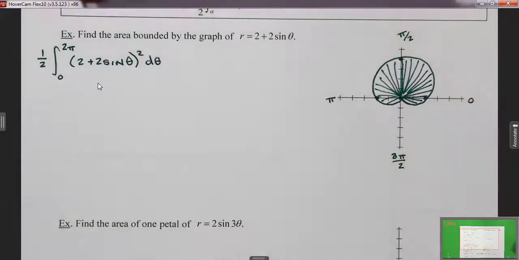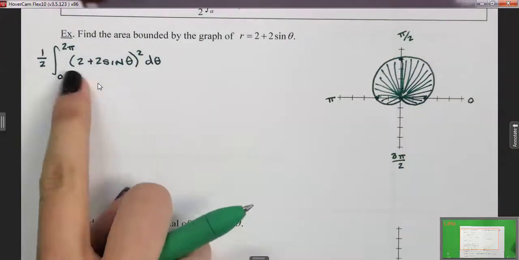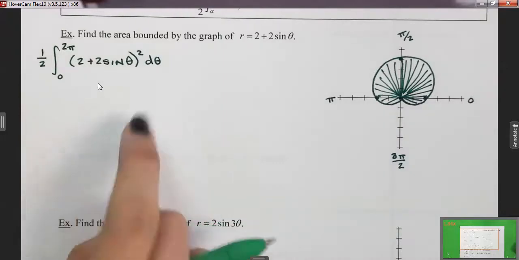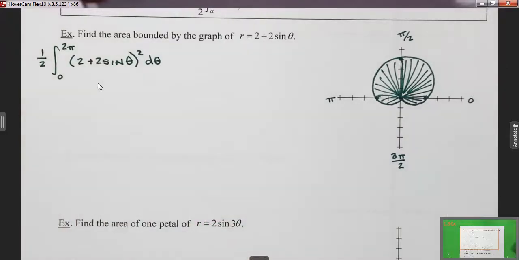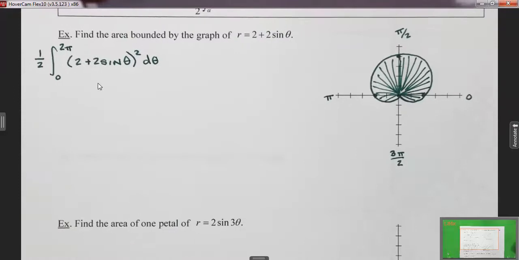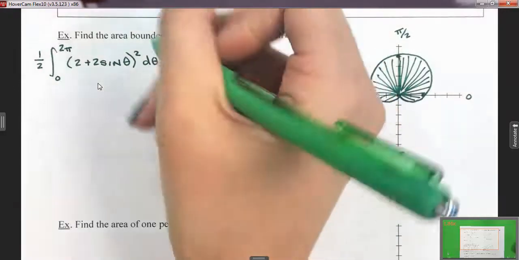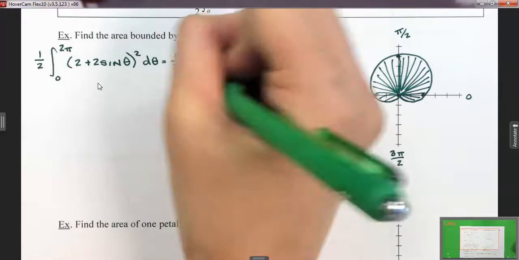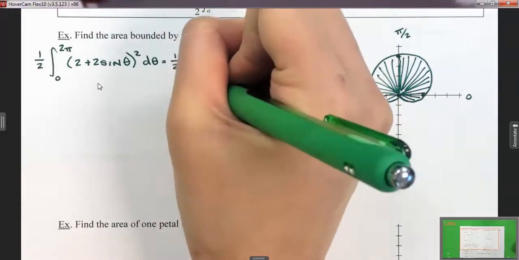Okay. 1/2 r squared d theta. We're going to do the first 3 out, but some of them I'll let you use your calculator for.